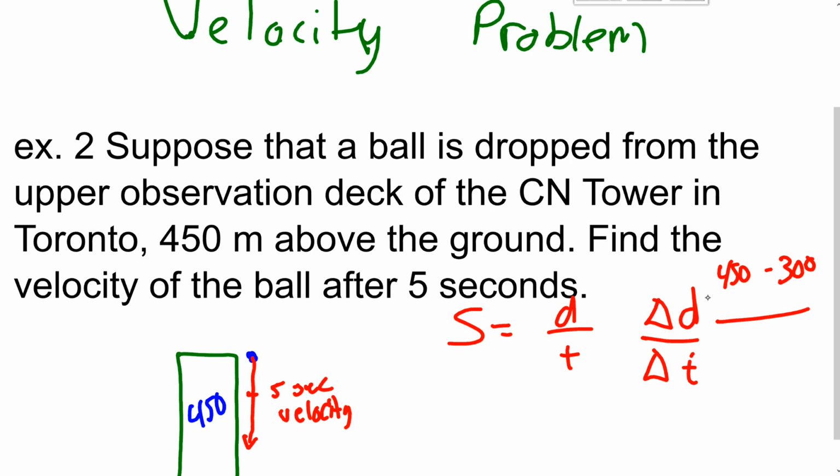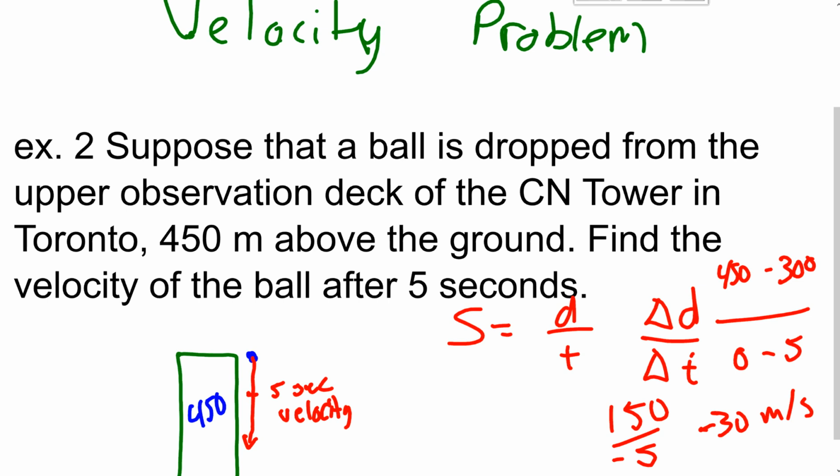So maybe at 0 time, and then it takes, say, 5 seconds, and then we subtract and get 150 divided by 5, so we get 30, and it's negative because we're going down. Negative 30 meters per second.